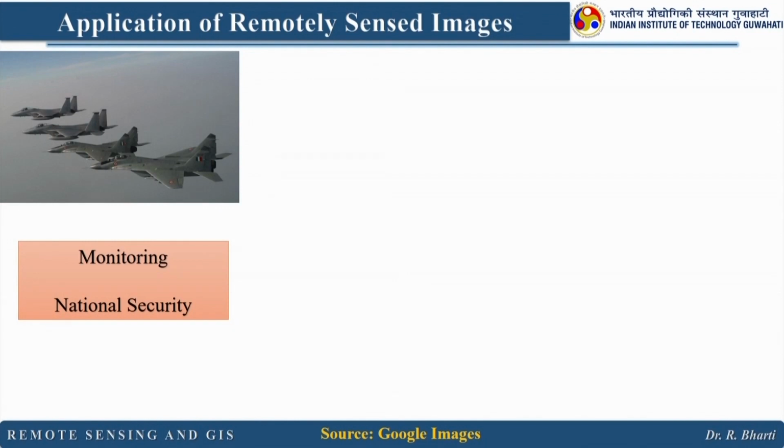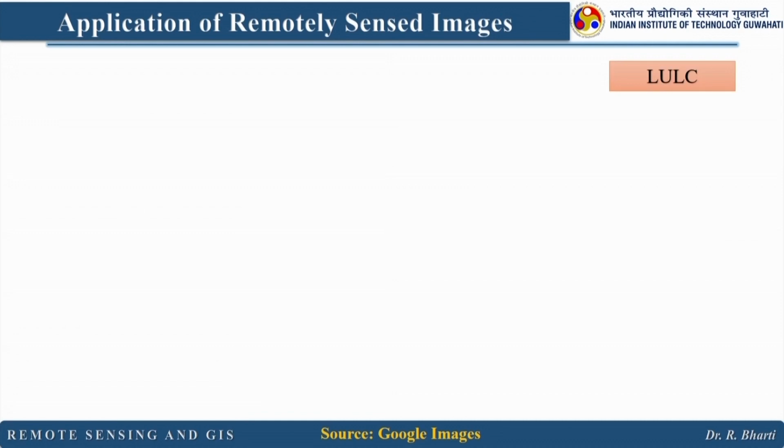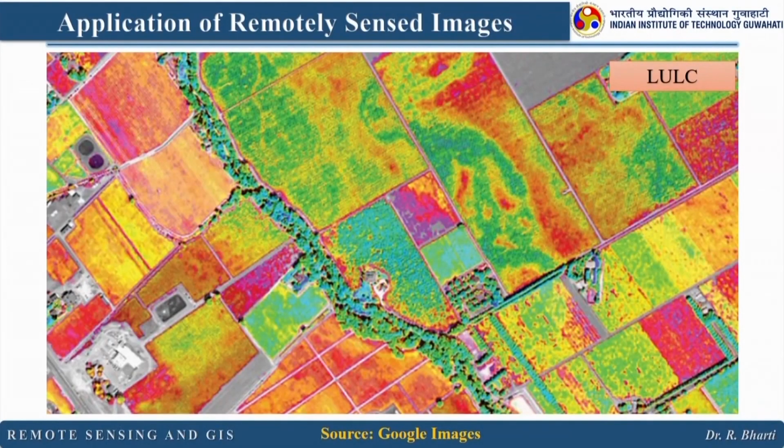And for national security also you can always monitor your border areas, or you can see the changes in the forest, whether there is any forest encroachment or anything happening, in inaccessible areas, and preparing the land use land cover map. So, how much area is used for agriculture, how much for residential purpose and how much for shopping purpose.